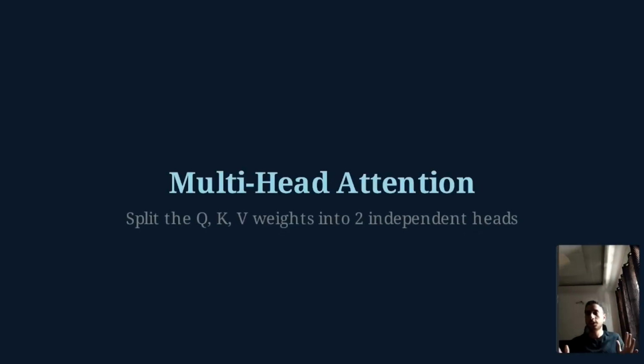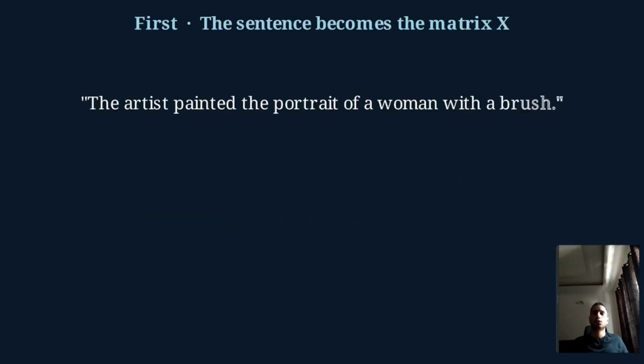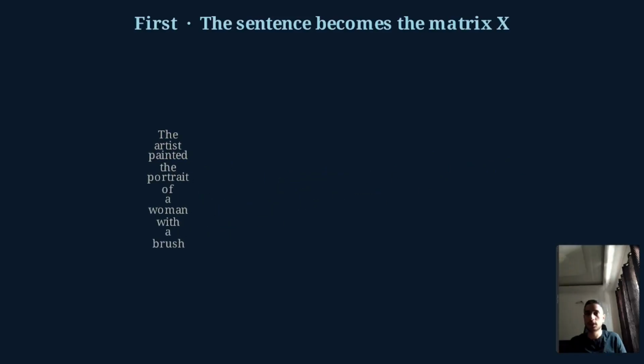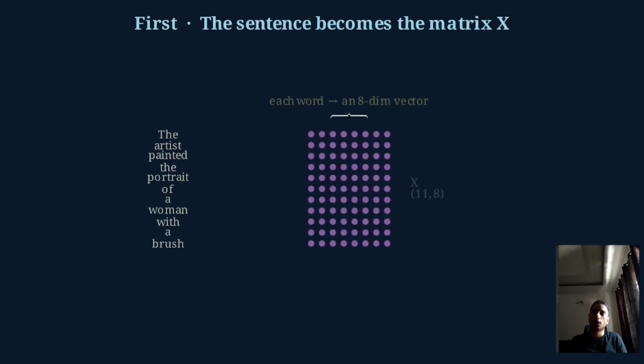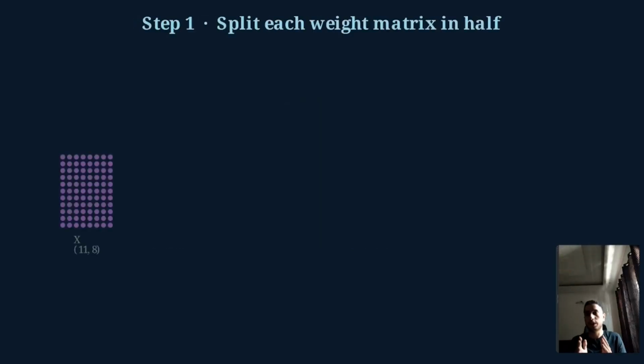So finally, we are going to apply multi-headed attention, and the idea is very simple. First, like before, just convert our sentence into input embedding. We have some 11 words, and each word will get an 8-dimensioned vector. So how do we apply this? The idea is very simple.